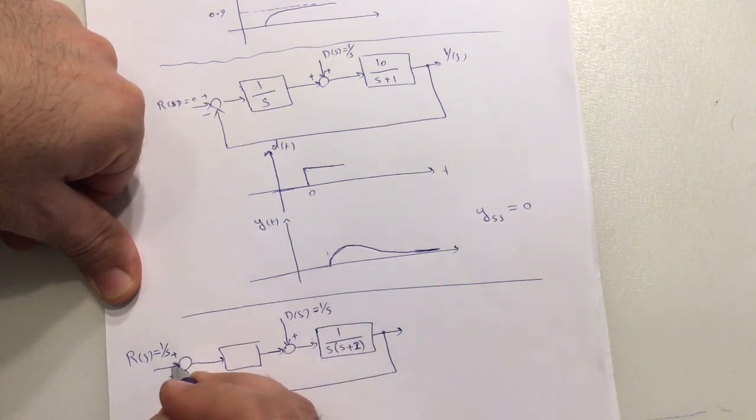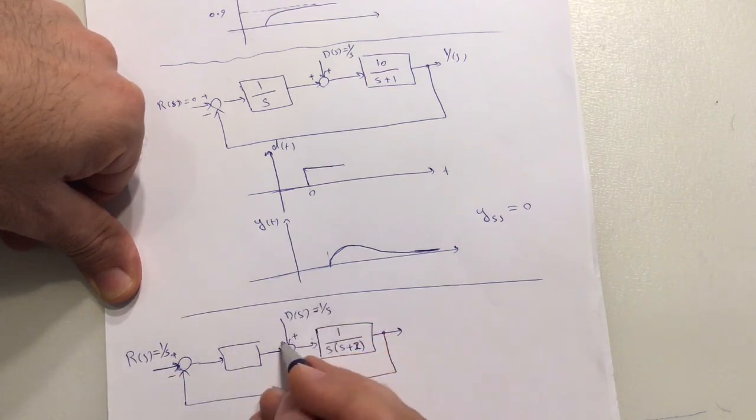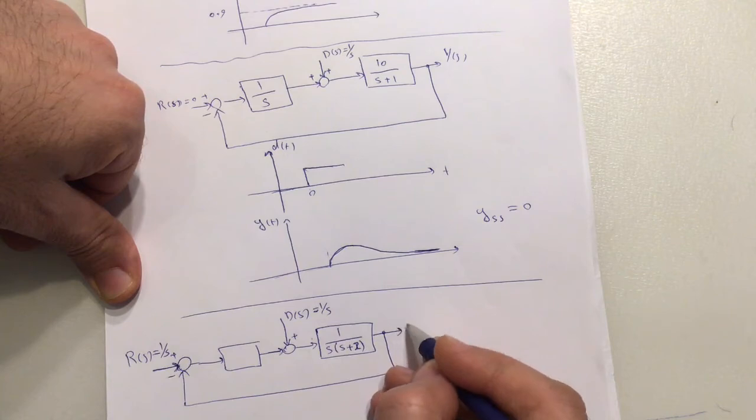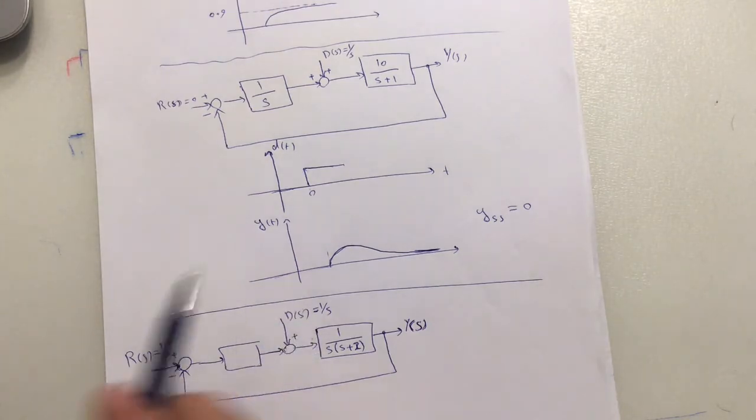The goal is to have output equal to a step and also reject the effect of disturbance on the permanent output. The goal is the same as in all control loops, which means that output should follow the reference and reject the disturbance effect.